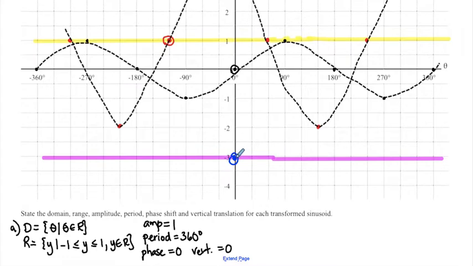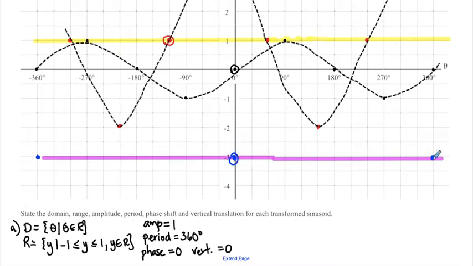I know that I have a period of 720, which is past what we have on the grid, but I can find the halfway point. The halfway point is going to be at 360 because that's half of 720, and it's going to be at the other end as well. So I know that I'm not going to be able to draw a complete sine curve in one direction, but I can use that to help me sketch as much as I can.